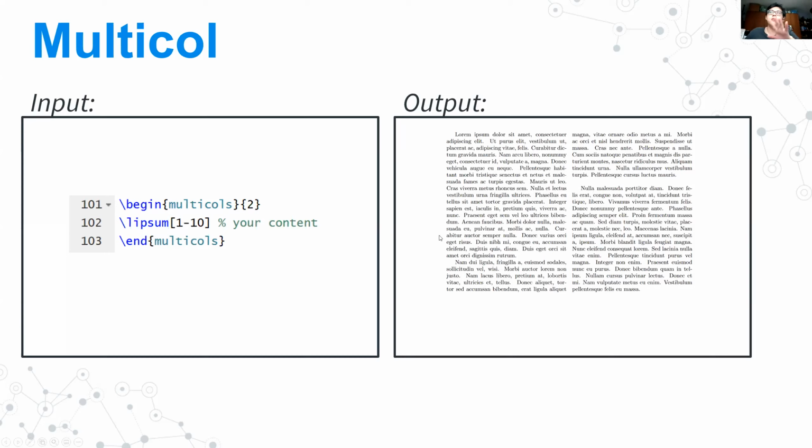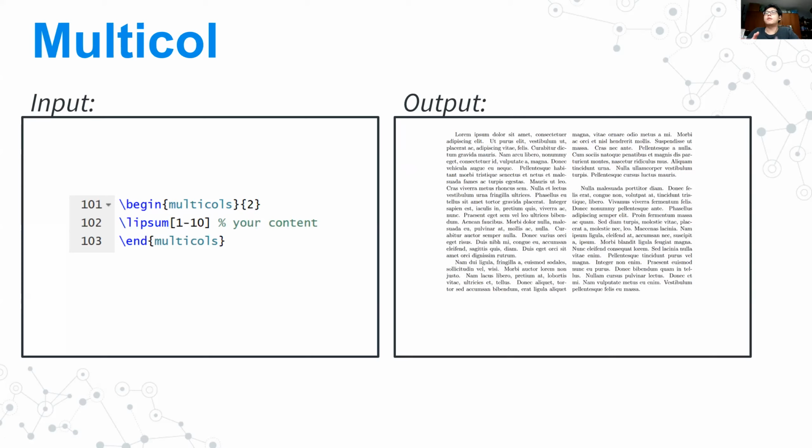You notice that for this multi-column, the columns are balanced. That means both columns are of the same length. But let's say you don't want it to be the same length. You want the first column all the way down, then to start the second column. Remember earlier when we had the equation environment, we had the asterisk modifier, to choose whether we want the equation numbered or not numbered.